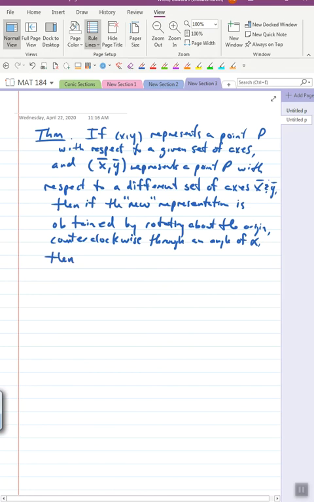and this is the part you want to write down, 1, x is equal to x bar cosine alpha minus y bar sine alpha. y is equal to x bar sine alpha plus y bar cosine alpha.